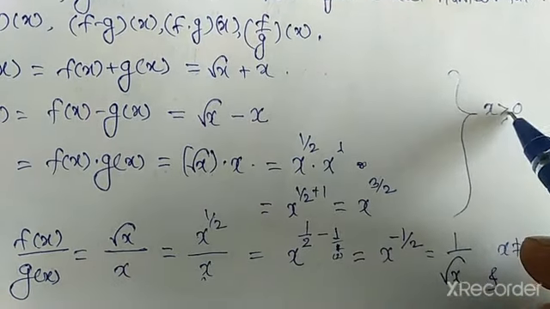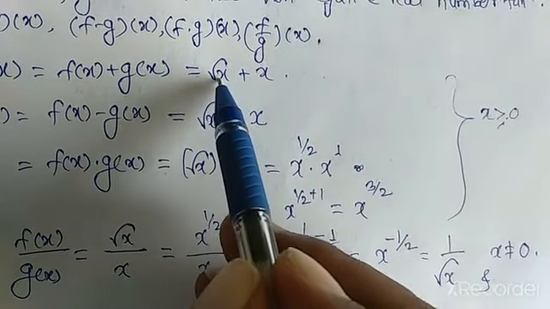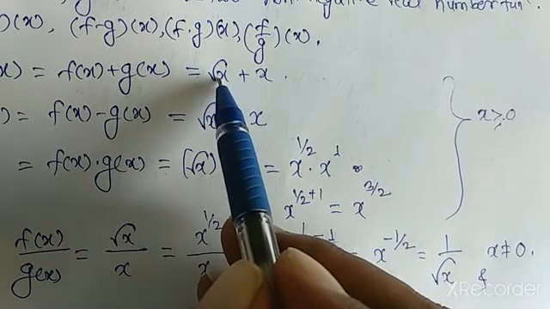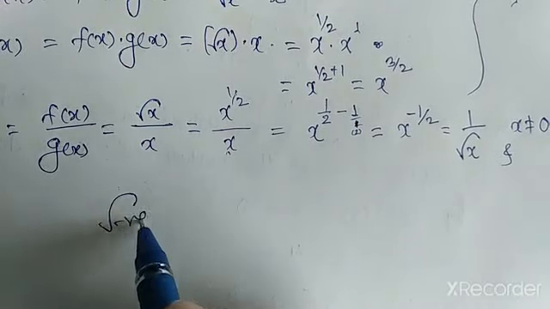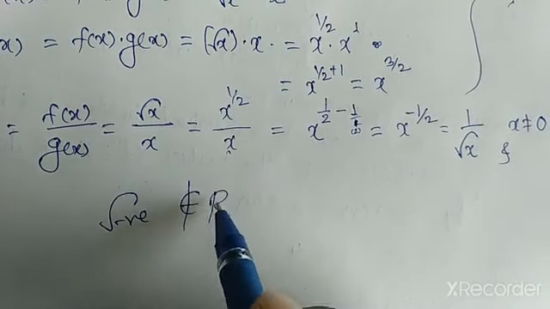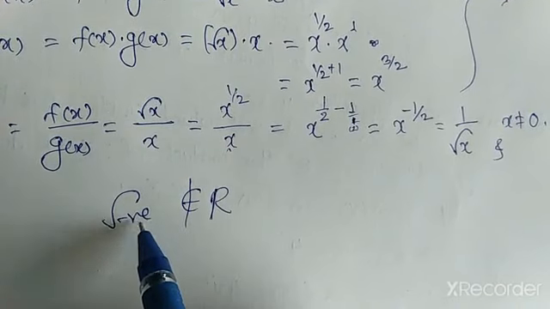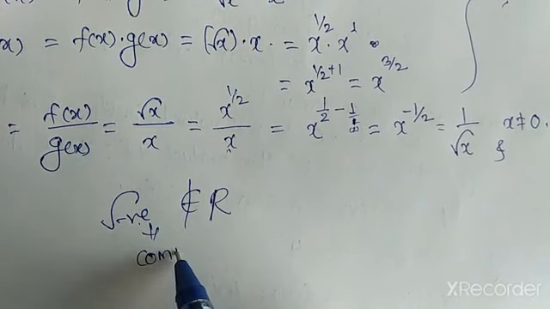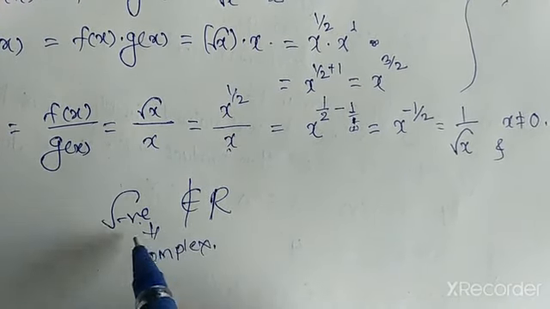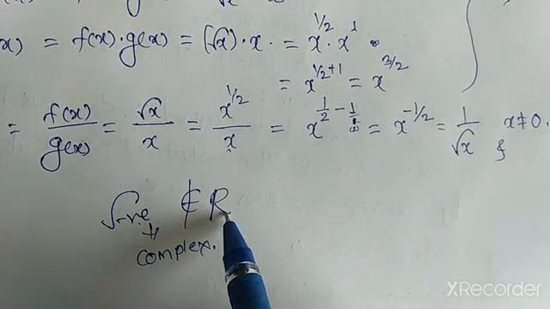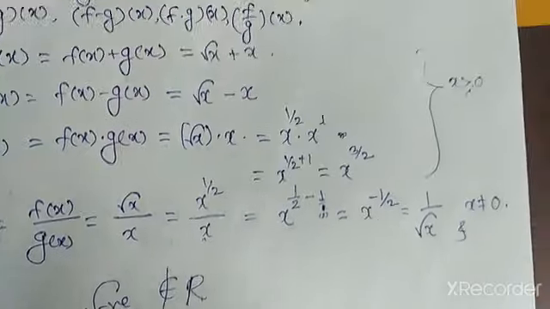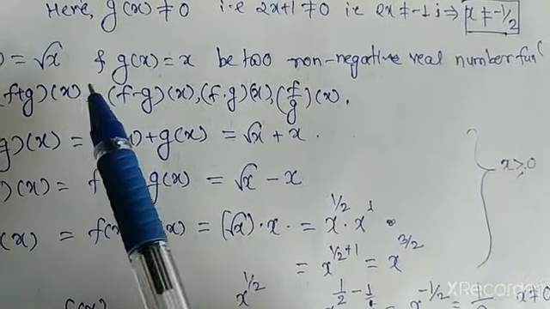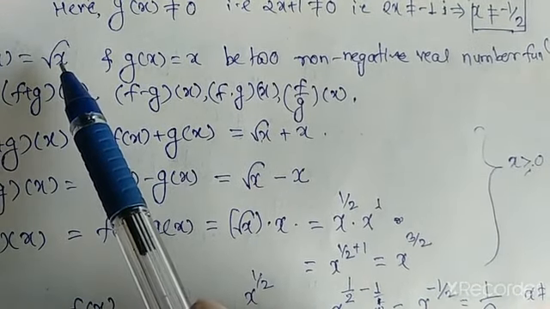If we consider x less than 0, then it will be the square root of a negative term, and the square root of a negative does not belong to R. The square root of a negative is a complex number, and it does not belong to R, so it will not be a quotient of real functions.